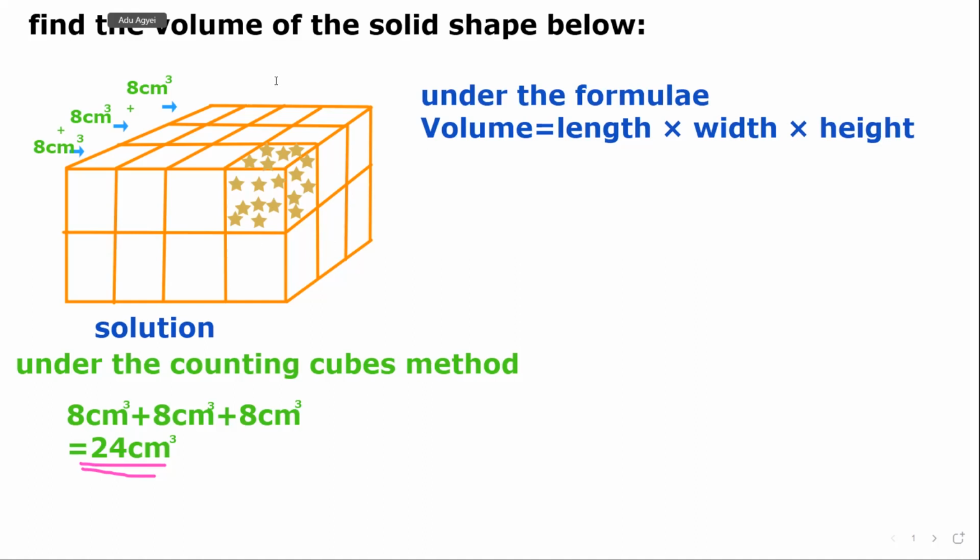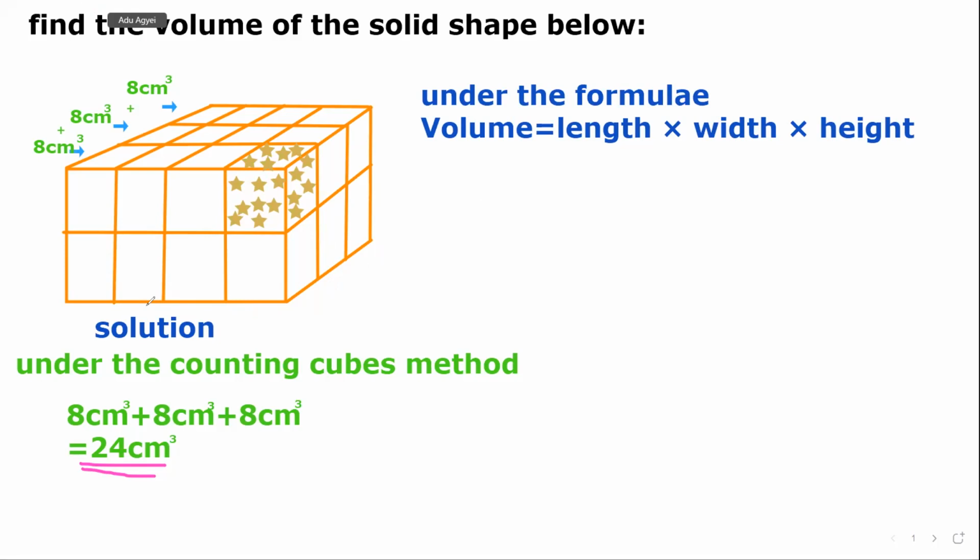Now you can see clearly that the dimensions have not been given, but we can use the division of the length, the division of the width, and the division of the height to multiply to get the total cubes here. So let's identify the length first.